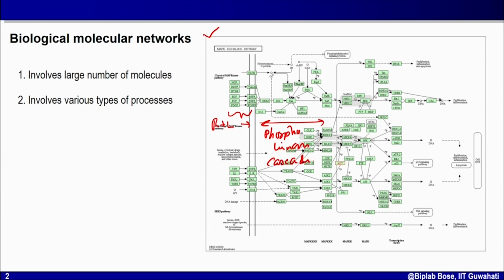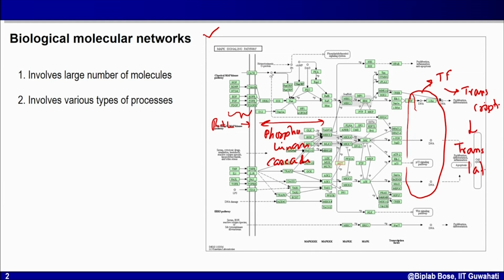Then in this part, they are showing how transcription factors are working so that transcription is happening, followed by translation. So if you look simply at this reduced model of the MAP kinase pathway, there are multiple processes.